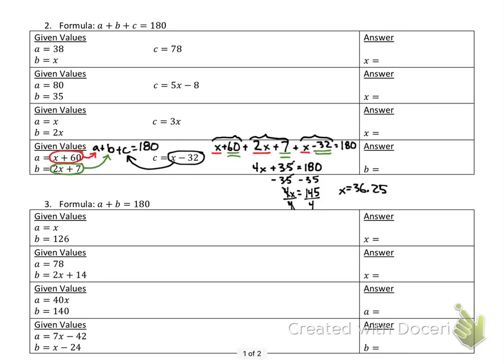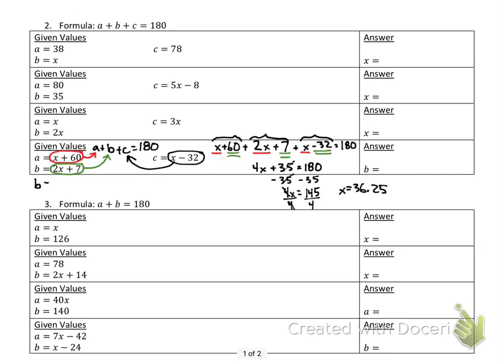No. I mean, I need that number. I can't do anything without it. But I'm solving for b. Okay. So, tell me what I do next. Plug that 36.25 in for b, or for the b equation.